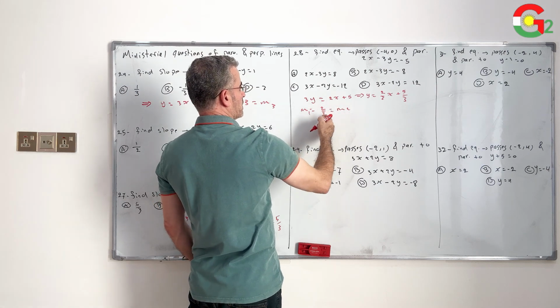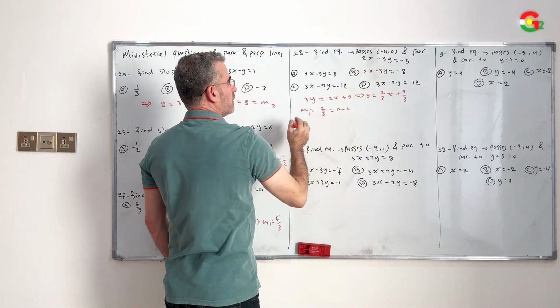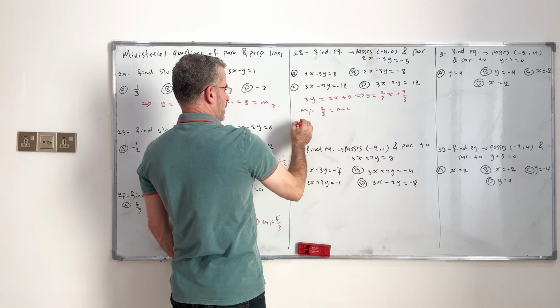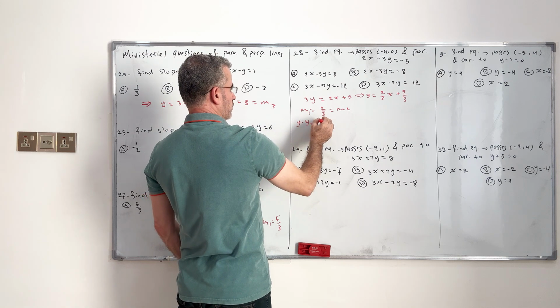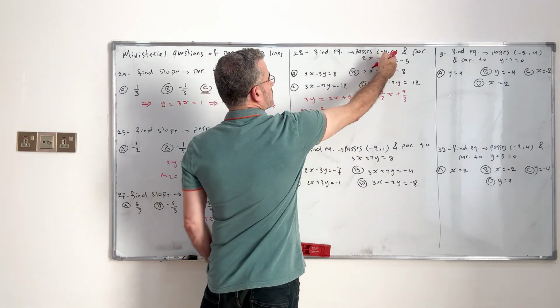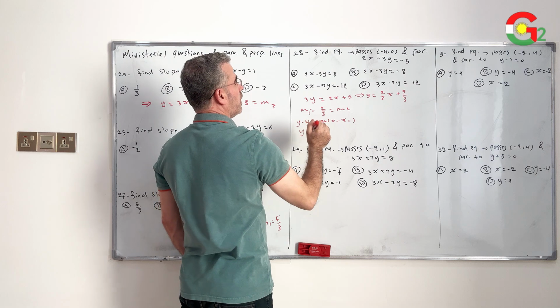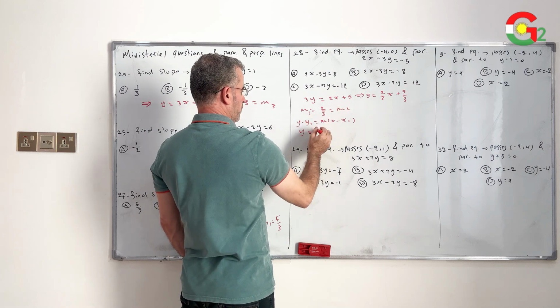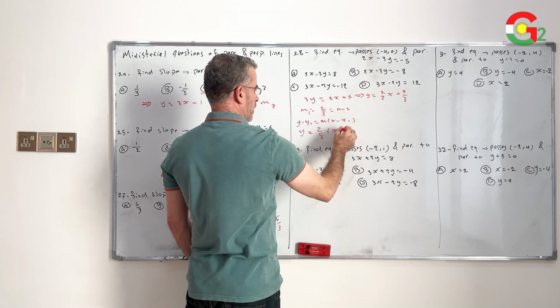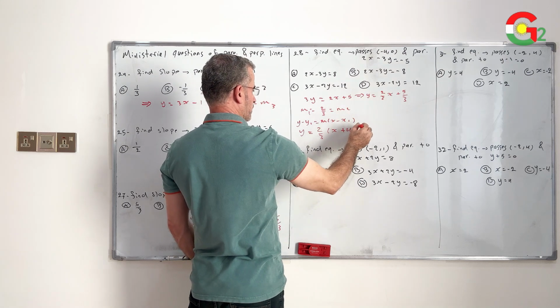Then with the slope and the point, I'll find the equation. y minus y1 equal to m times x minus x1. y minus 0, which is y, equal to slope 2 over 3 times x minus x1, minus negative 4, it is plus 4.